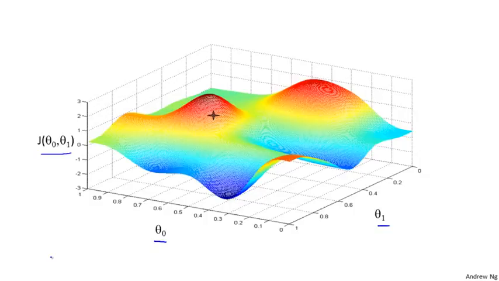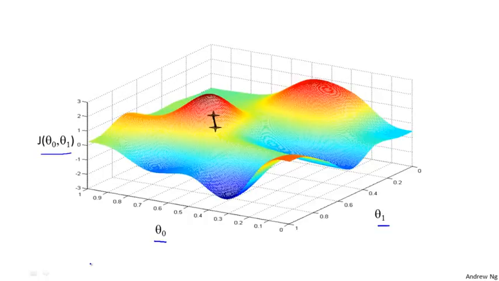In gradient descent, what we're going to do is spin 360 degrees around, look all around us and ask, if I were to take a little baby step in some direction, and I want to go downhill as quickly as possible, what direction do I take that little baby step in if I want to physically walk down this hill as rapidly as possible? Turns out that if you're standing at that point on the hill and you look all around, you find that the best direction to take a little step downhill is roughly that direction.